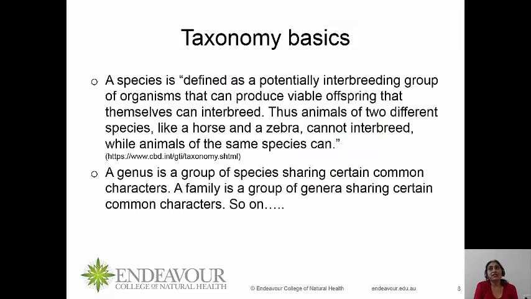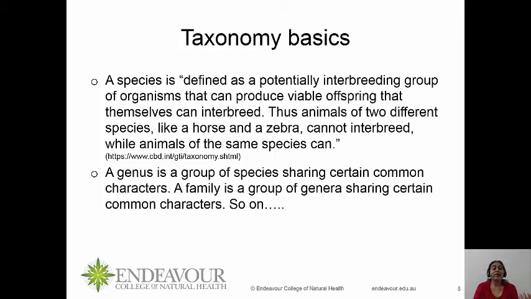Okay, so what is a species? A species is defined as a potentially interbreeding group of organisms that can produce viable offspring that themselves can interbreed. So a species is a group of organisms capable of interbreeding, and one species cannot interbreed with another species.